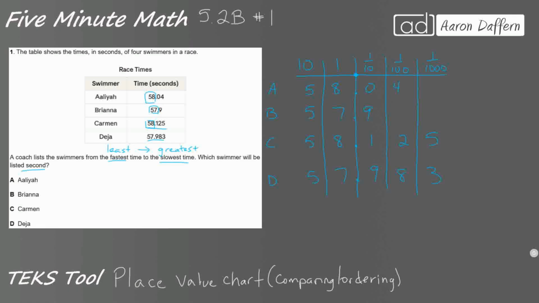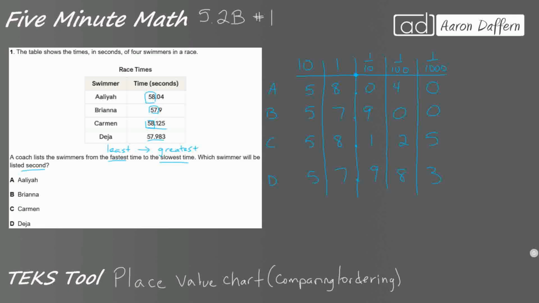This 9 in the tenths place can also be 90 hundredths, can also be 900 thousandths. Well, now that 900 thousandths hits a whole lot differently than just 9 tenths. So we're going to also add a 0 in the thousandths place to Aaliyah. Now everything looks the same. They go from the tens place to the thousandths place.